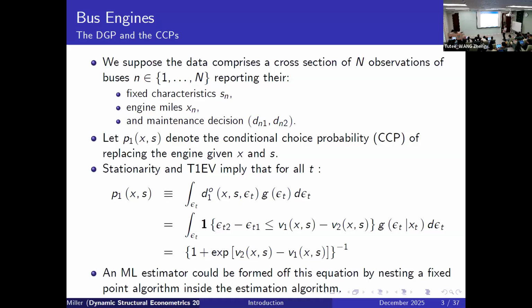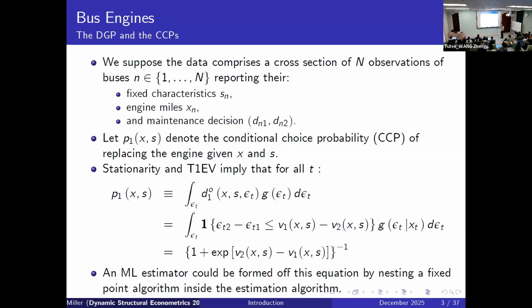And so when is he going to do it? Here's the systematic part of what you'll get if you take action 1: the current utility from the observed stuff, plus the expected surplus function for next period, plus the epsilon associated with that choice.